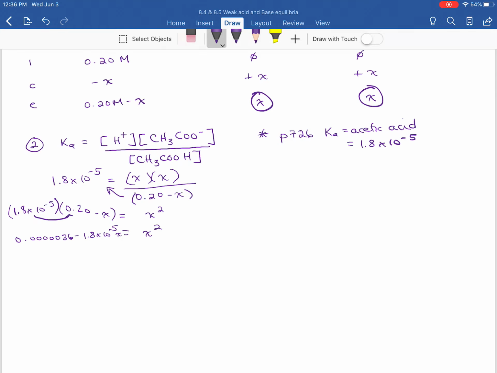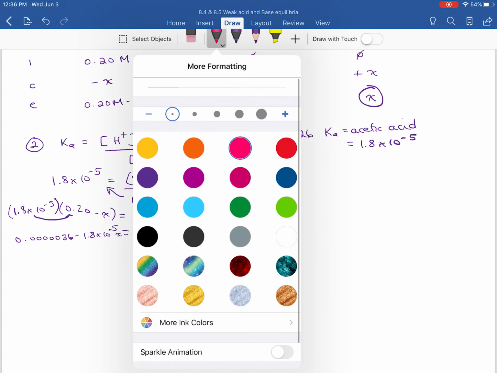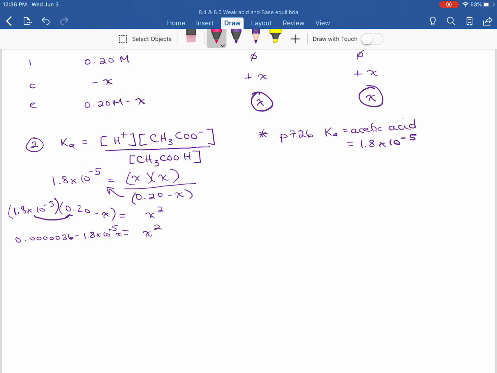Quadratic formula. Just to remind ourselves of the quadratic formula, I'm going to put it in a nice color. Don't forget, x equals negative b plus minus.